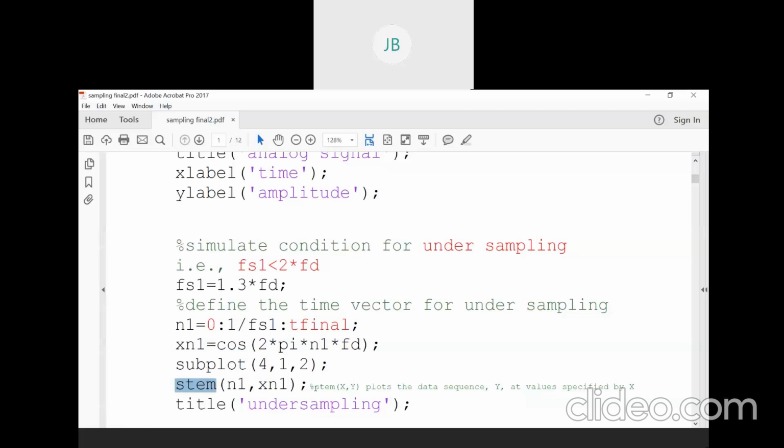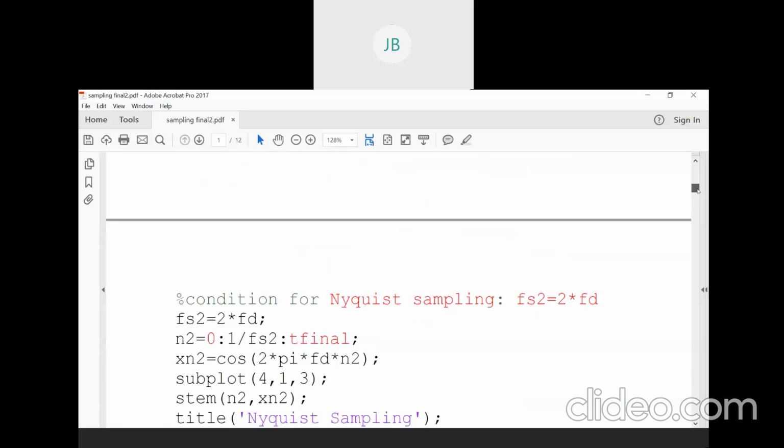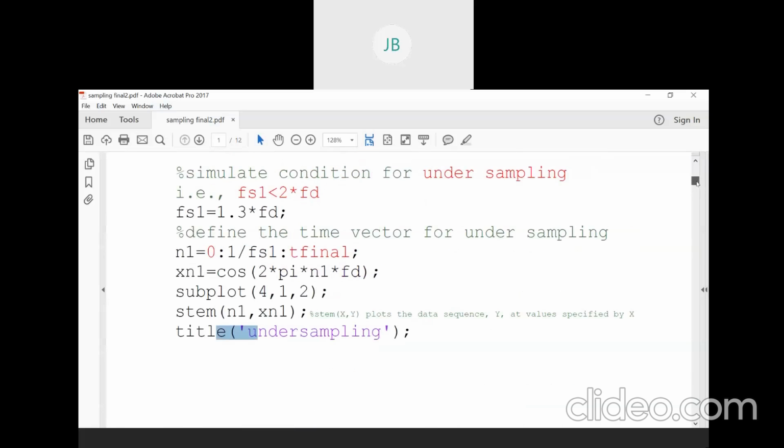I have given some explanation here. Stem of x comma y plots the data sequence y for the specified values of x. Here we represent the amplitude xn1, which has a cosine variation, for different time instants of n1. Then we title it as an undersampling case. So this is regarding the undersampling.